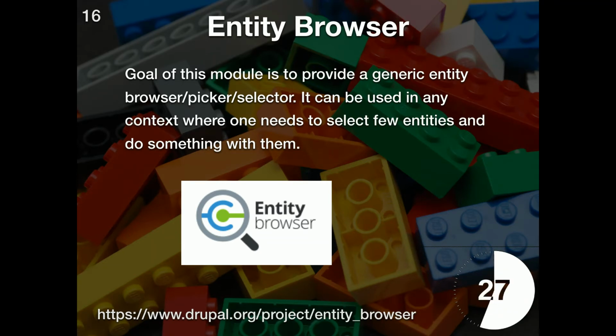This was a system, or is a system, where, say, if you have entity embed, you can use that to select which entity you would want to reference. So you can get a preview of the image or the video so that you know which thing you're selecting, as opposed to just having an autocomplete or just looking at titles.